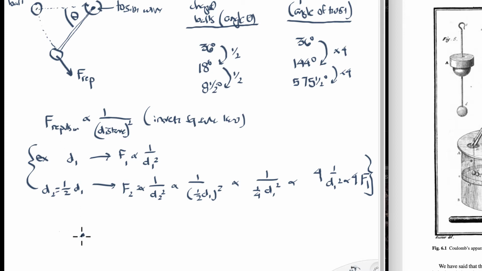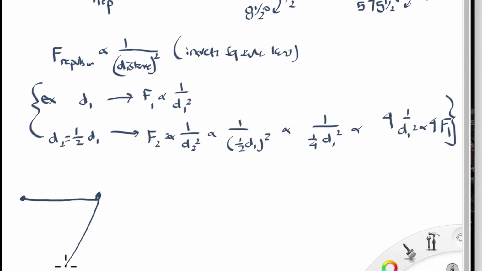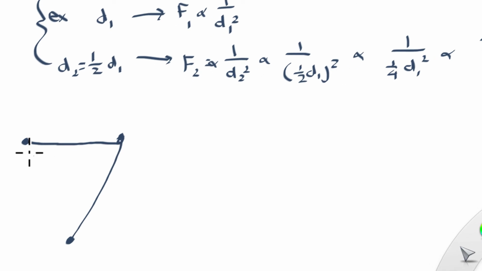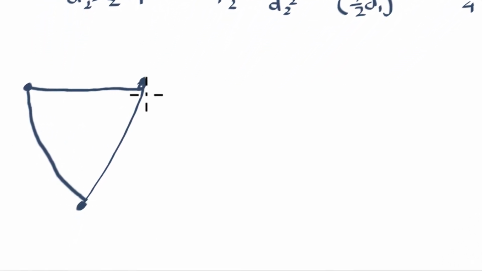So if I draw a diagram right here, let's suppose originally they're at some distance away from each other. I'm going to draw an arc like this. Okay, this is the length of this rod like this. And let's suppose they're at some angle like this apart from each other. Here's the ball right here, and here's the ball right there.